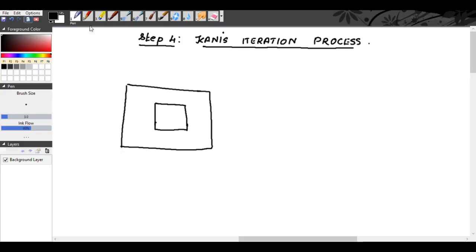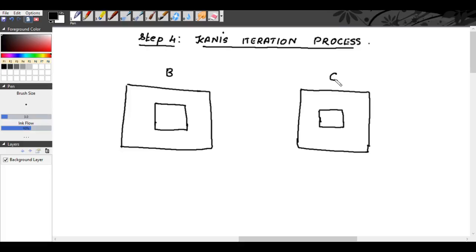This has to be drawn only for intermediate supports. And for joint C we will draw another small box and another bigger box.